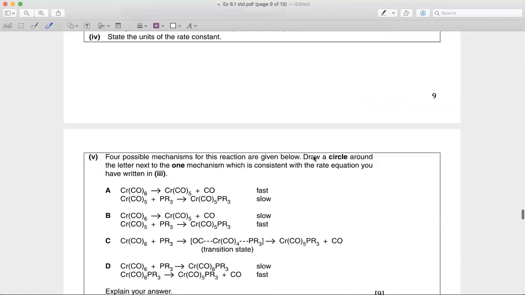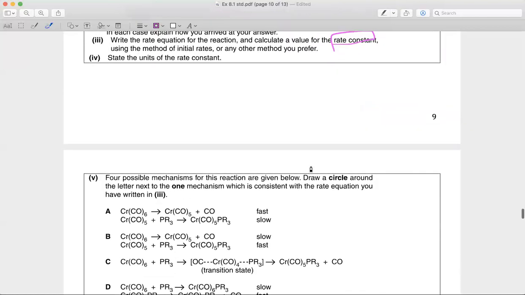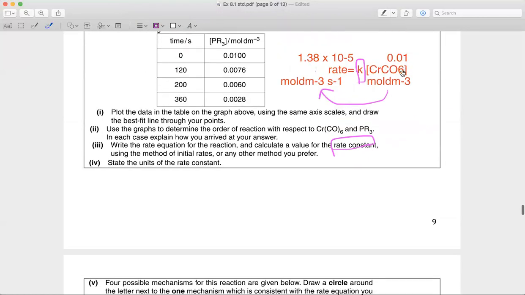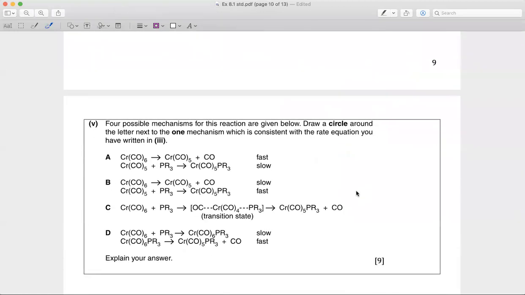So which one do you think is the correct mechanism? You have to look at the rate equation. The species that appears in the rate equation is the same species that appears in the slow rate determining step. So which one is it? A, B, C, or D? Can everyone please try to answer?